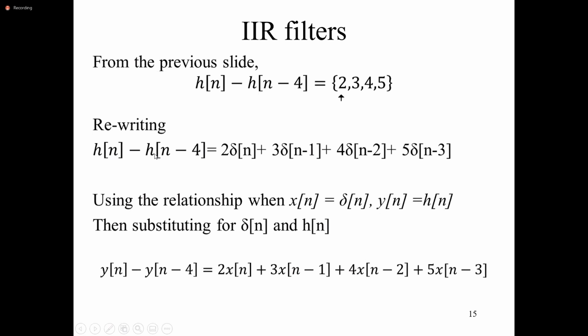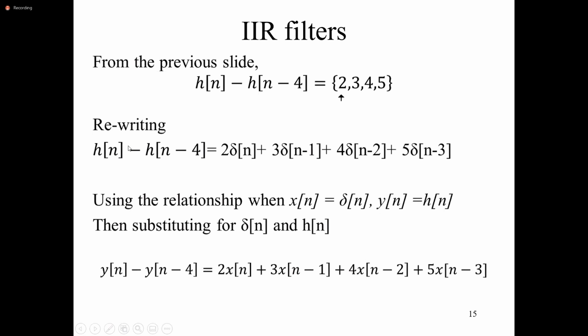So if we rewrite now our equation for our h of n, instead of using the arrow to indicate our n equals 0 value, we'll just use our delta n.